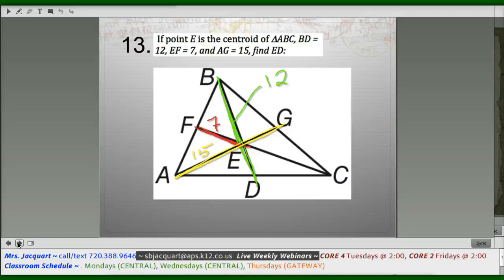They want to find ED. If that whole thing is 12, what's 12 into parts? Into 3 parts. Well, that's 4, 4, 4. So the longest side is 8, the shortest side is 4, so ED is 4. Cool.